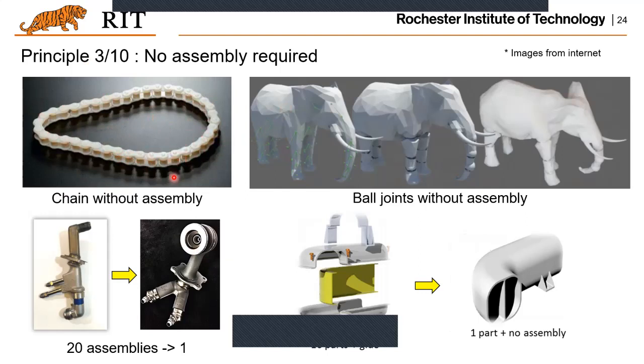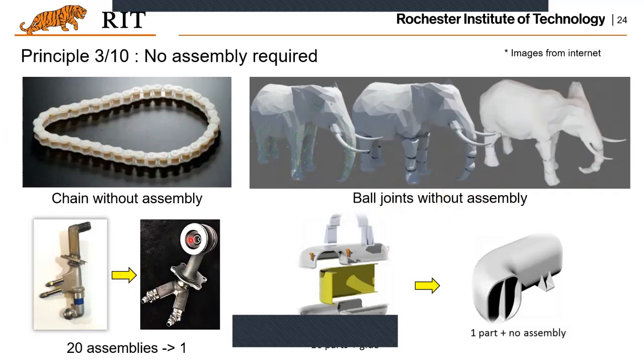I'm not 100% sure, but I assume this is printed using selective laser sintering and a plastic powder. Basically, when you wash off the powder, you will have these movable joints. And a similar thing happens with this elephant example.